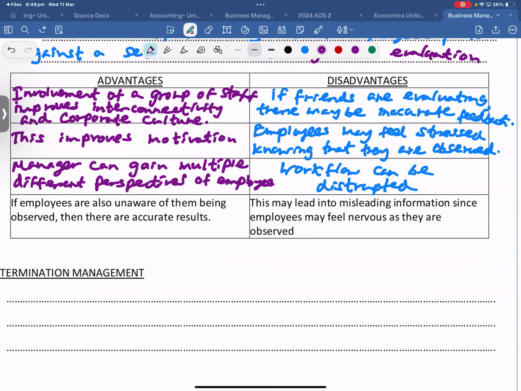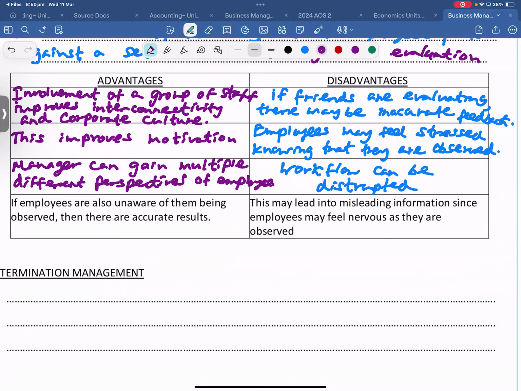So can you summarize them? Performance appraisal is where the manager evaluates the employee. Using what? What are the methods that the manager would use? Different criteria. Yes, criteria.